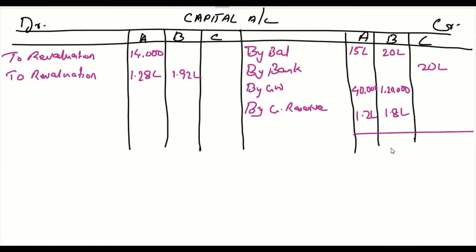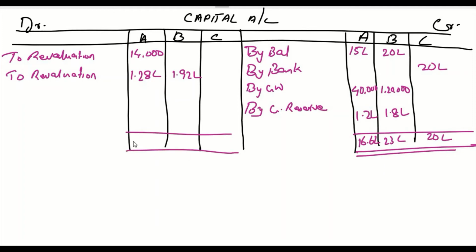The total, it is 16,60,000. Here it is 23 lakhs and here it is 20 lakhs.